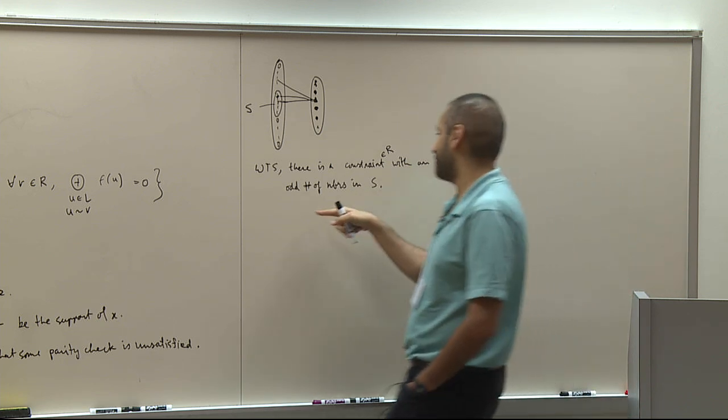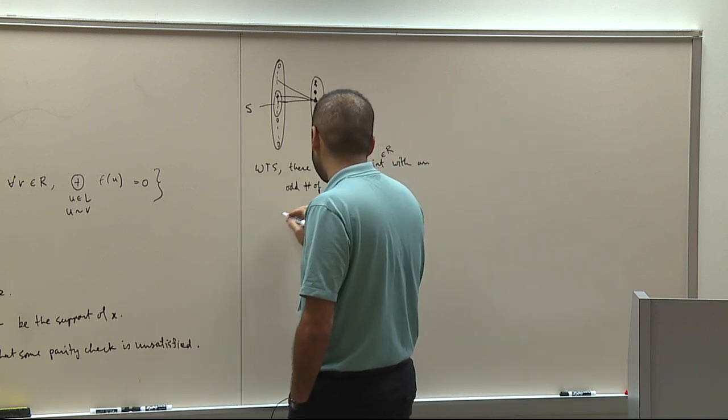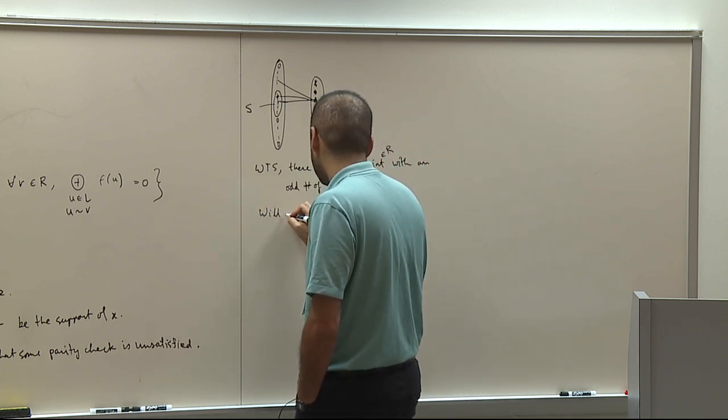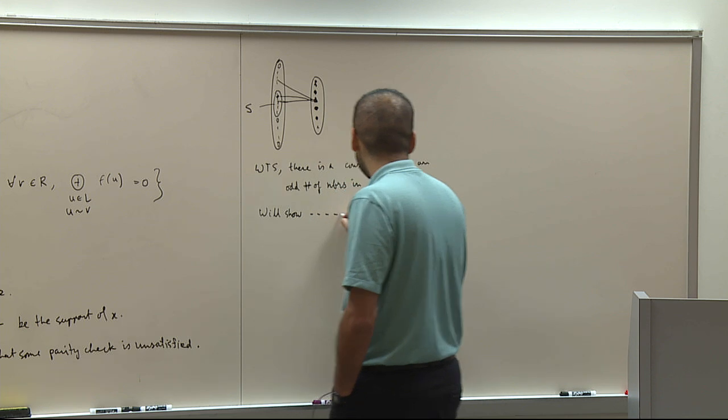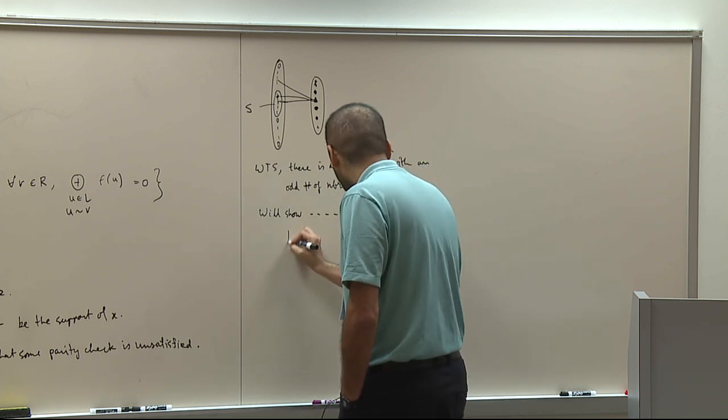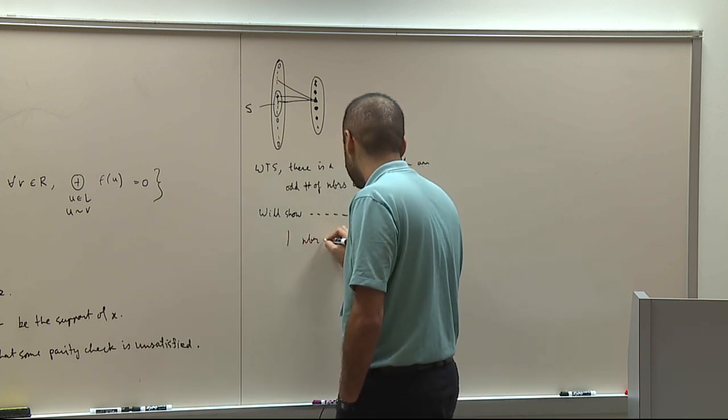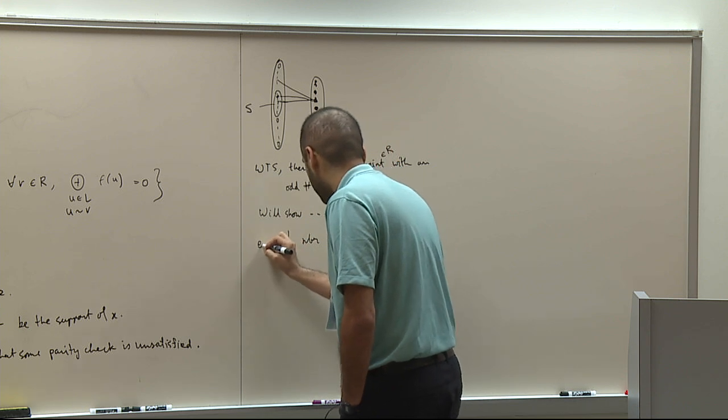So in fact, we will show something even better: that there's a constraint with one neighbor in S, exactly one.